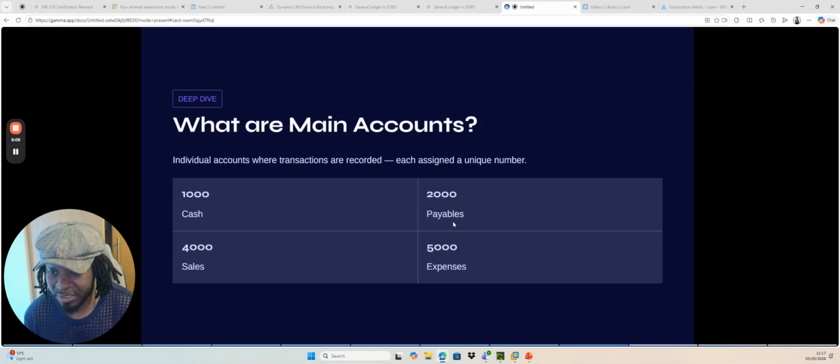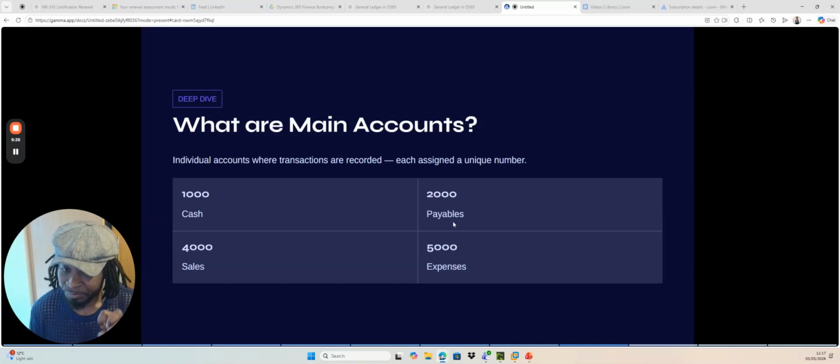In this case, you have bank, you can give it 1,001 for cash at bank, and then cash at hand, you can give it 1,002. Just like that, all the assets, you classify them in this manner. I hope this is making sense. If it's not, just leave a comment and I will explain further.